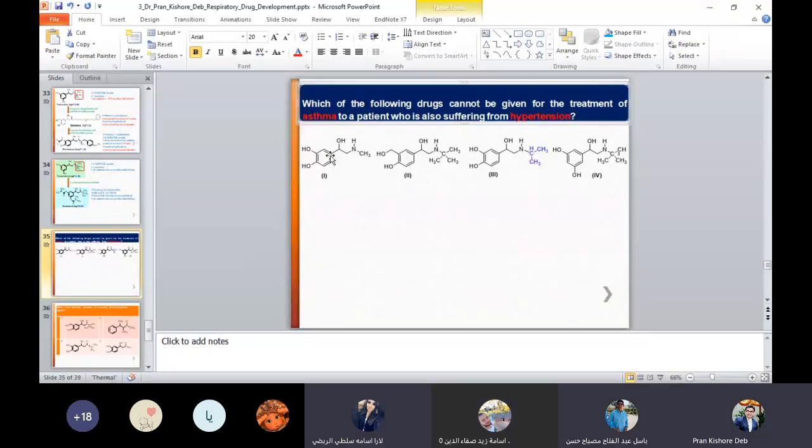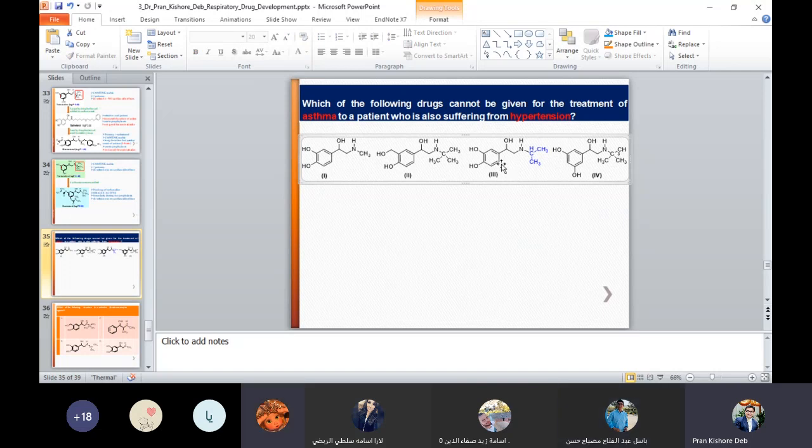It fits with the hydrophobic pocket for beta 2 and beta 1 too, because it has an isopropyl group. See, structure 1 cannot be given because it has a methyl group which can bind to both alpha and beta 1. Structure 3 has an isopropyl group, so it can still bind to beta 1 and show cardiovascular side effect. So structures 1 and 3 cannot be given.